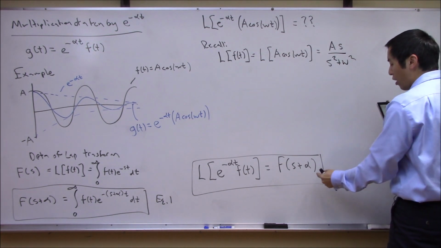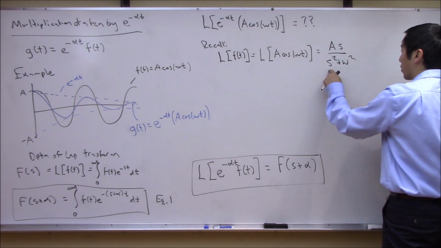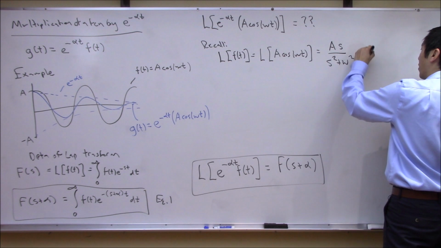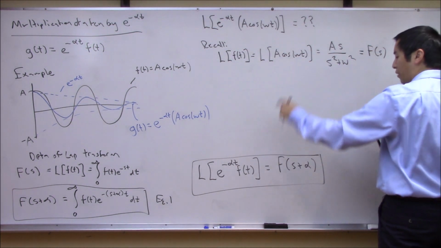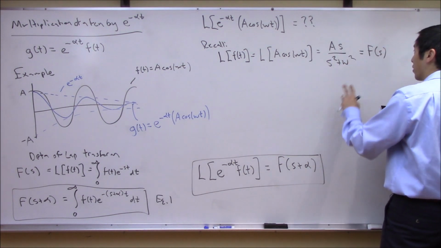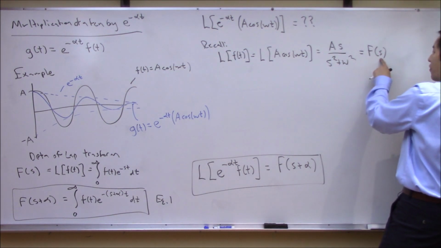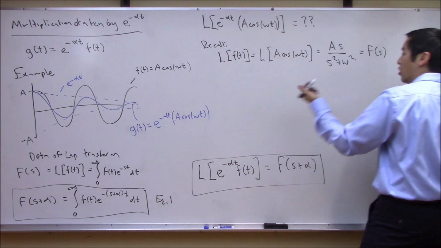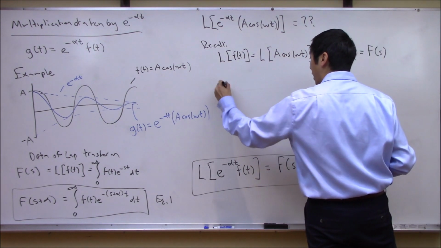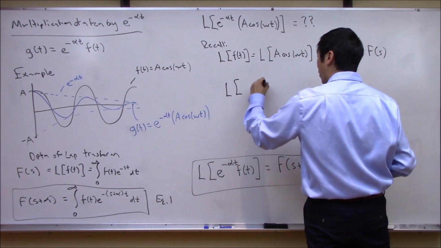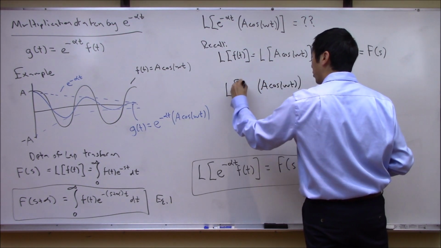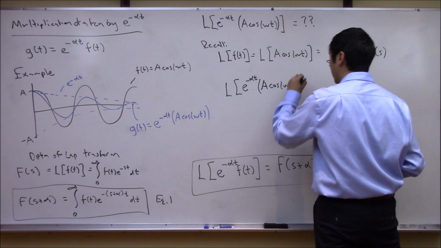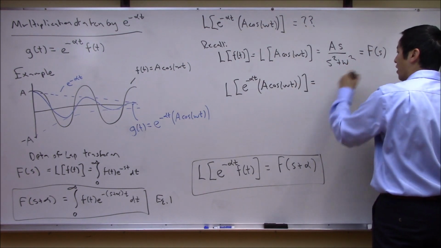Okay? So now, by applying our rule, right, this right here, this is F of s. Now, if I want to make this cosine wave just exponentially increase or decrease, all I have to do is just plug in everywhere I see an s, put s plus alpha. So just to be explicit about that, now the Laplace transform of the thing I want, a cosine omega t multiplied by e to the minus alpha t, it's just this.